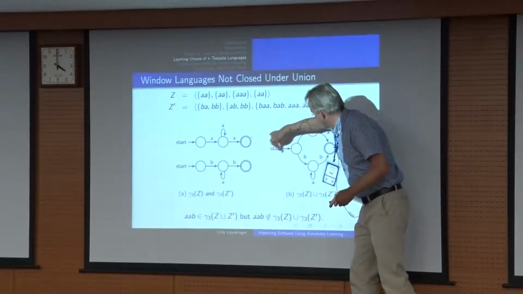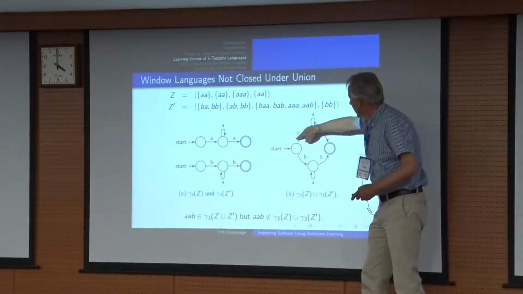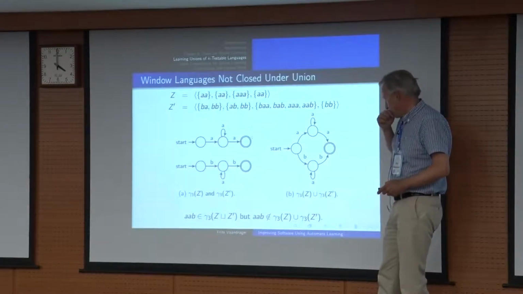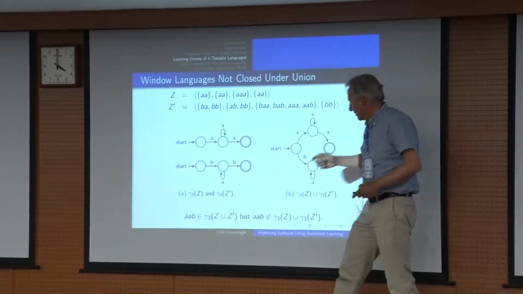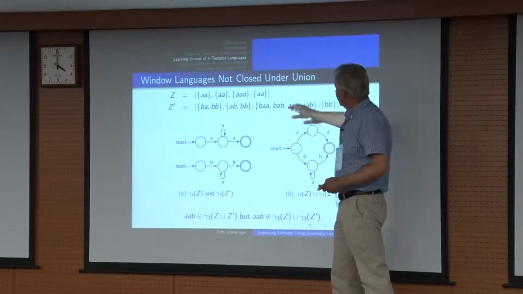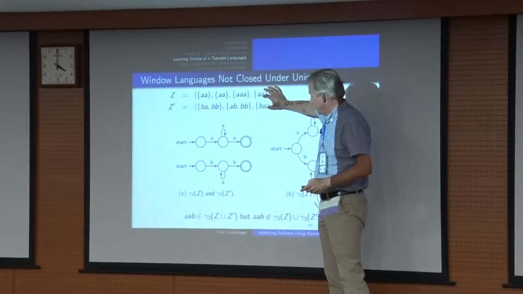So then you can describe that by an automaton which either takes the A part or it takes the B part. However, the word AAB is accepted if you take the union of these two test vectors.